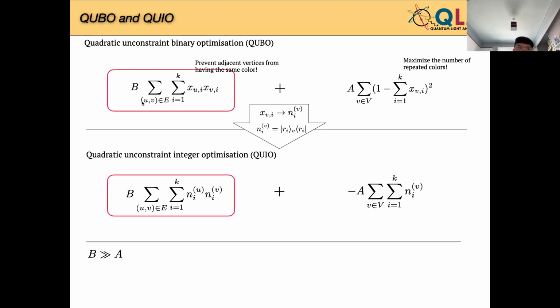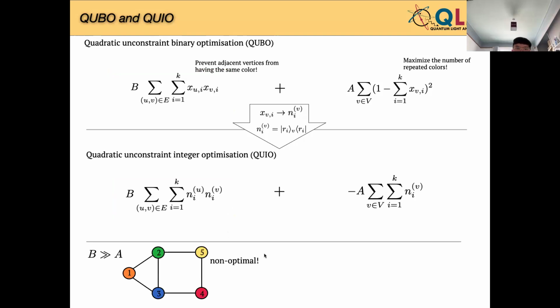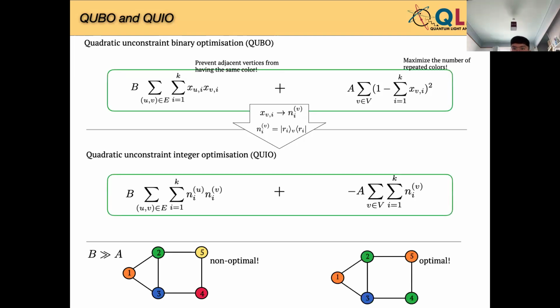If we consider only the first term, the graph coloring solution that we get is not optimal, because you didn't add the term responsible for maximizing the repeated colors. But if you consider both terms, there will be an optimal graph coloring solution that you can look for.